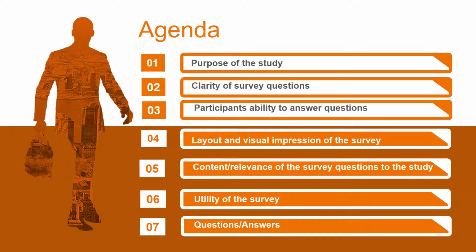Then the content and relevance of the survey questions to the study, so how these questions actually capture the purpose of the study. And then the utility of the survey, so how useful or beneficial this survey will be to the SAP product development team. Then I'll give an opportunity for questions, and I'll provide answers as well.